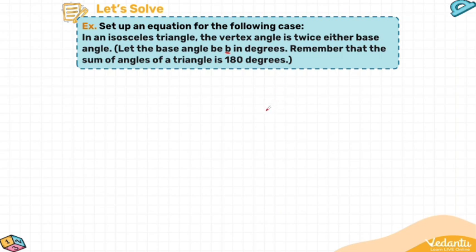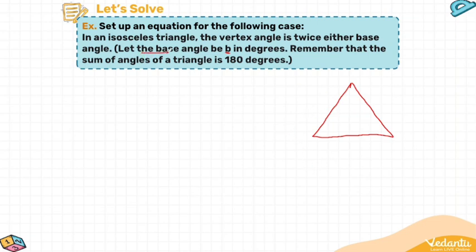So an isosceles triangle is there where the vertex angle is twice either base angle. Try to solve it. Pause the video and try to make the equation. Okay, let's do it.